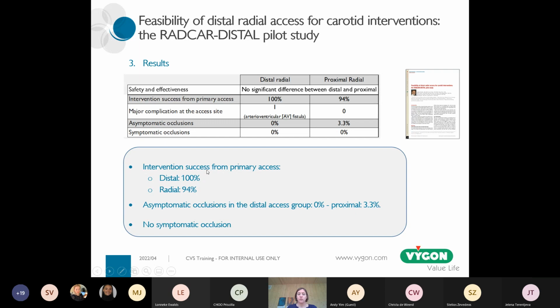The intervention success is 100% for distal and approximately 100% for proximal. So it's a very good result. There is no asymptomatic occlusion in the distal group, and 3.3% in the proximal, with no symptomatic occlusion. All the cases are with SIL1, so there are very good results for SIL1.